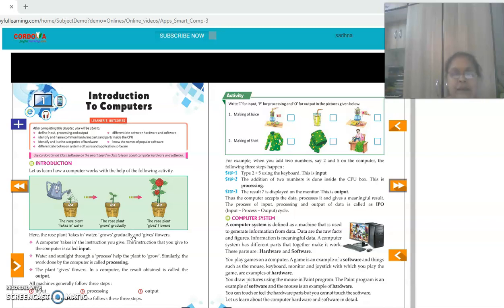Before starting the chapters, I would like to know, do you know about computers? Anything? Are you using computers at your home? How many students are using? Okay, most of the class. What do you do on computers?